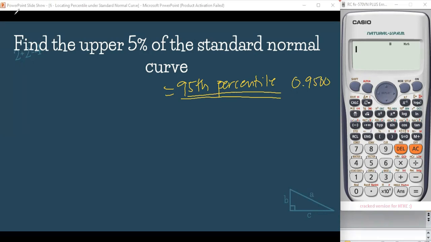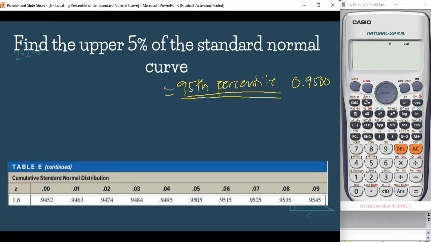So using our tables again, yung 0.95 is wala siya, di ba po? Wala pong exactly na 0.95. However, meron tayong mga values na malapit sa kanila. And this time po, ang malapit sa kanila is si 0.9505 and si 0.9495.